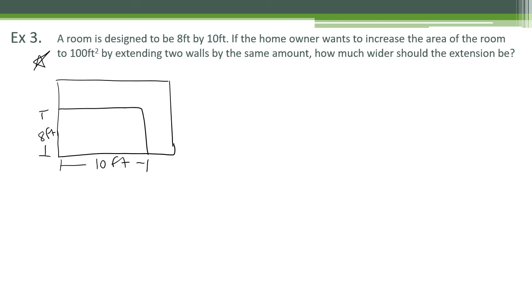They want to extend the two walls by the same amount, but we don't know what that amount is. And if we don't know what something is, let's call it x. So they want to extend this wall by x and extend that wall by x. Well, that changes our overall dimensions now.